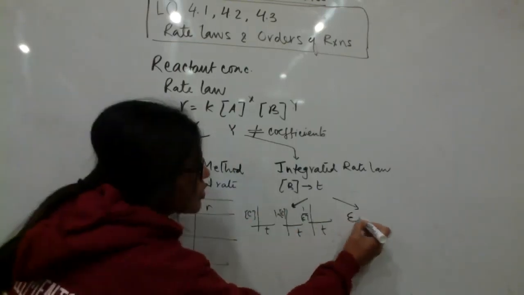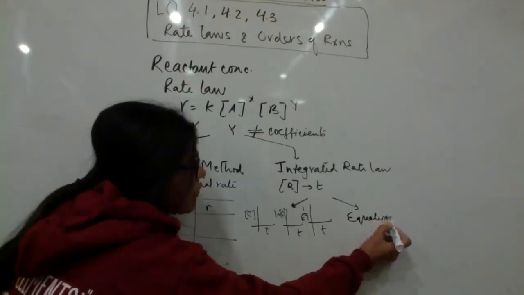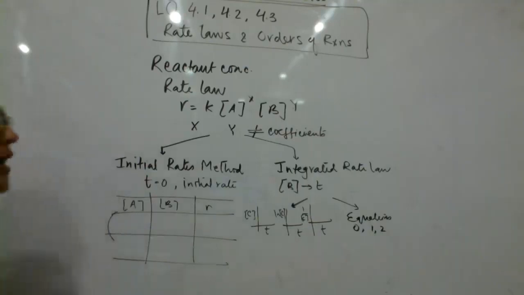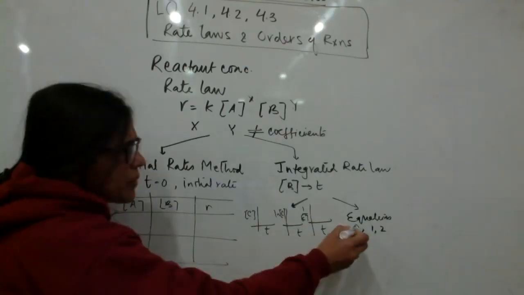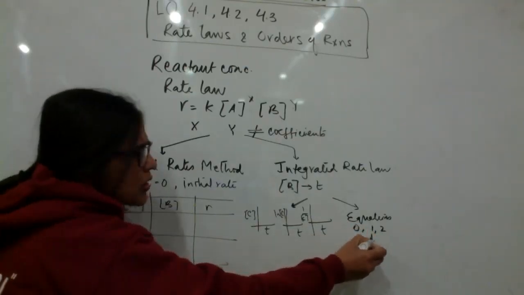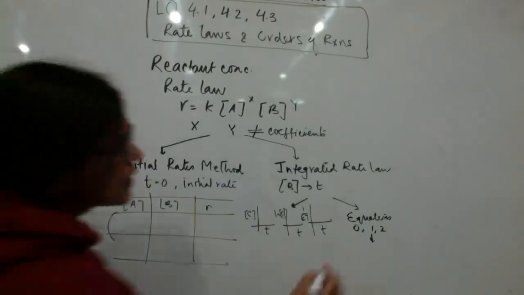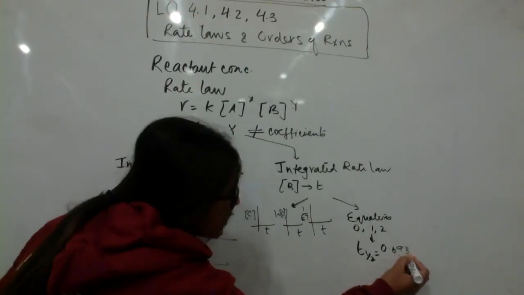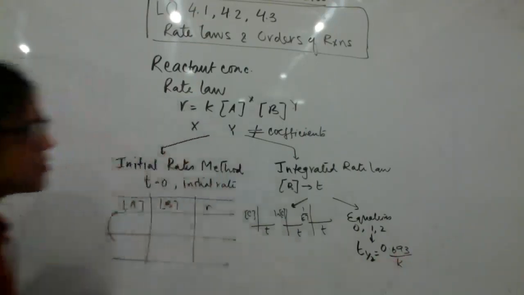Or you can use the equations for 0, first, and second order. And the one thing that you need to remember is the first order equation's half-life equation is T half is 0.693 over K, where K is rate constant.